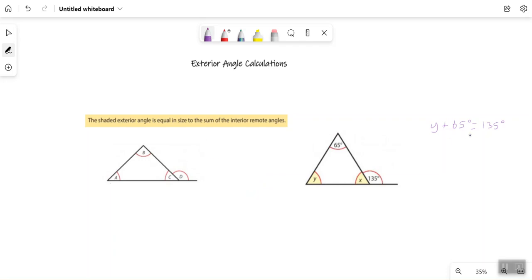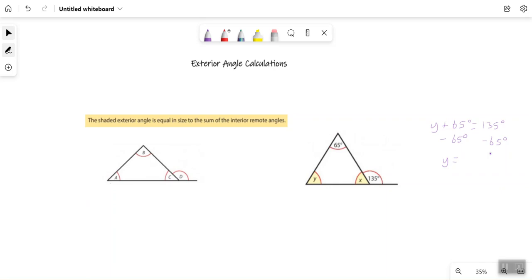So y plus 65 is equal to 135 degrees. We want to get y on its own, so this is just simple basic algebra. We can get rid of the plus 65 by subtracting 65, and if we subtract 65 on this side, we have to subtract 65 on this side. These two cancel out, and y is going to be equal to 135 minus 65.